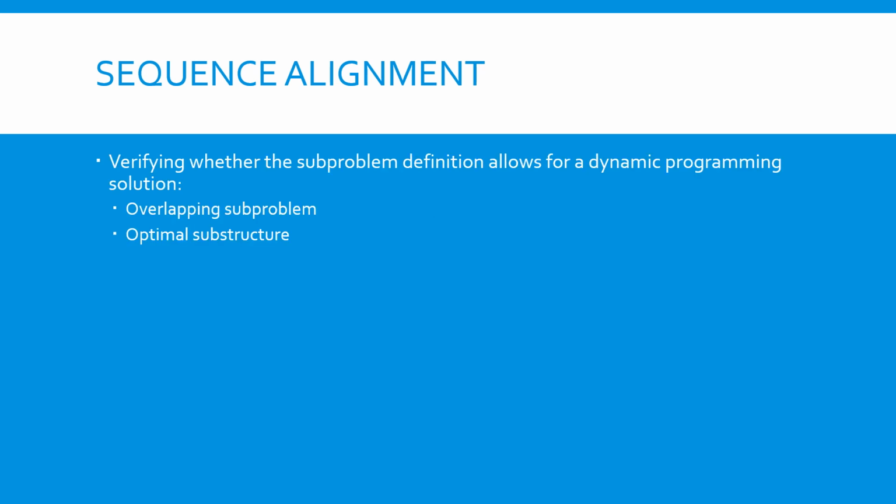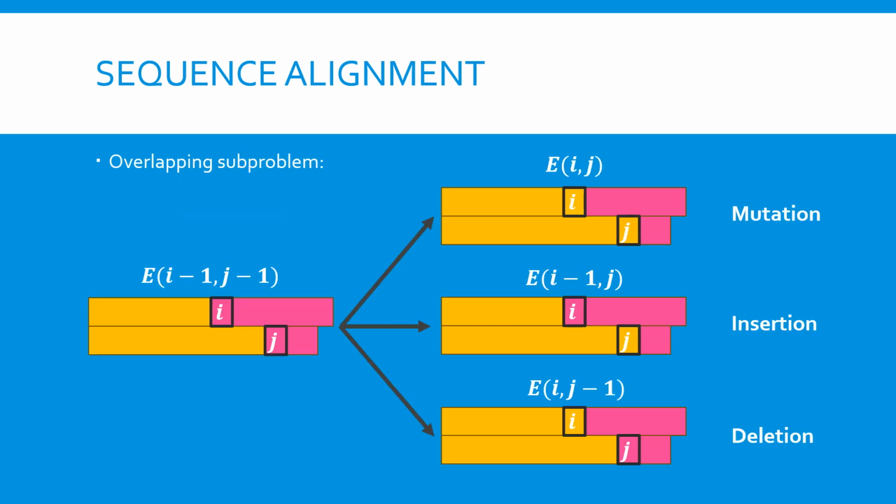With this intuition in mind, we can move on to verify the overlapping subproblem and the optimal substructure properties. Verifying these properties will confirm if dynamic programming is suitable to solving the problem. First, let's verify the overlapping subproblem property.